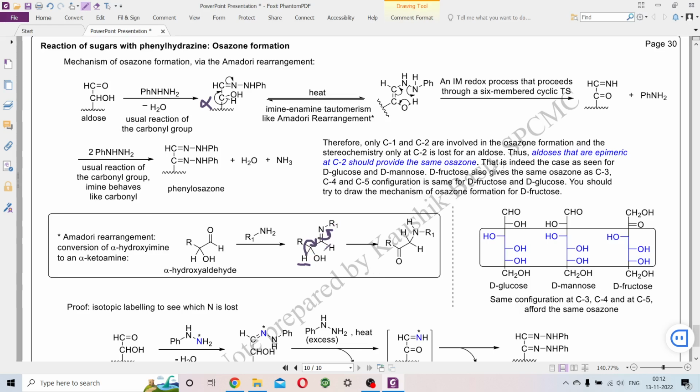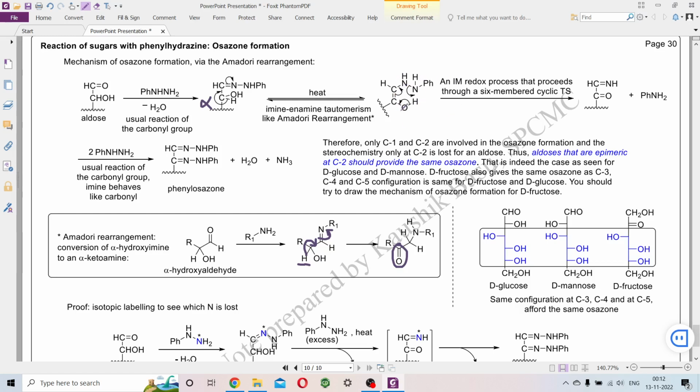But if you have a double bond here, then that's not an ordinary double bond. It's an enamine as well as an enol, because a carbon-oxygen double bond is stronger than a carbon-nitrogen double bond. It will tautomerize in this way and generate a carbonyl here. So that's an alpha ketoamine that you get. That's the Amadori rearrangement, and this shift is very similar to that. Therefore, it is the imine-enamine tautomerism, just like the Amadori rearrangement.